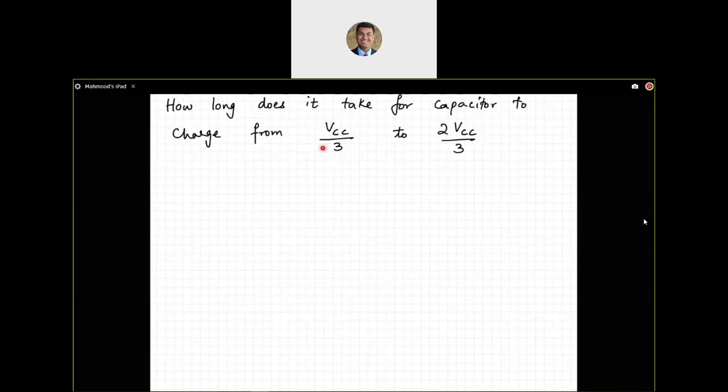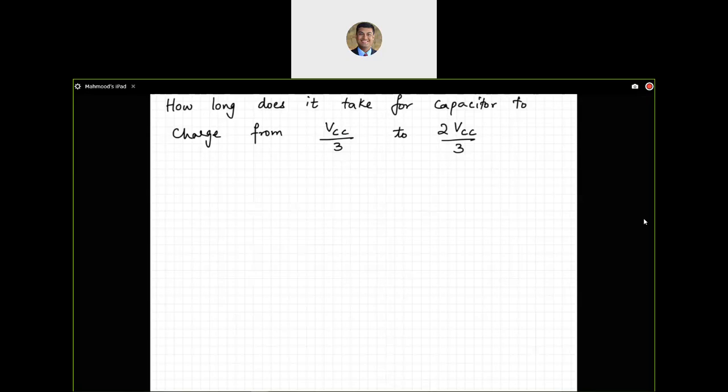And the initial voltage, I am assuming that it is some supply voltage called VCC divided by 3, and the final voltage on that capacitor during the charging is 2/3 of that supply voltage VCC. Now later on today, you will see the reason why I have chosen those specific voltages, 1/3 supply voltage and 2/3 supply voltage. It will become clear in a few minutes.